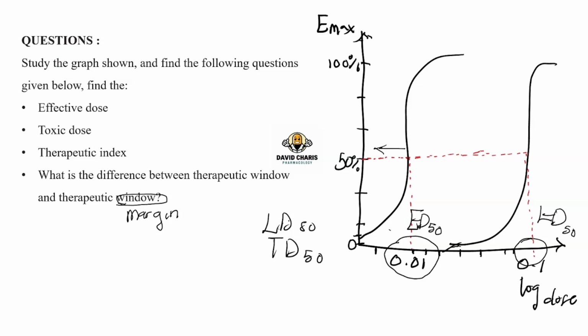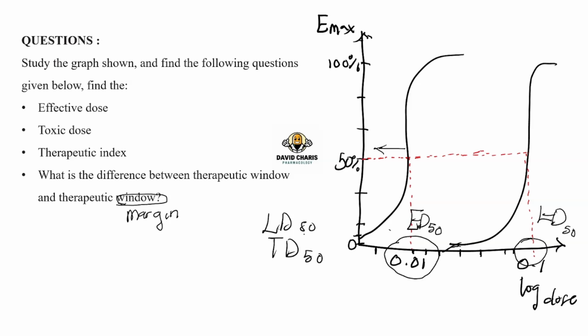LD50 is the lethal dose that produces lethal effects at 50% of the given population. TD50 is toxic dose that produces toxic effects at 50% of a given population. The only difference is that one is lethal and the other is toxic. Of course, the ultimate goal of any toxicity is death.